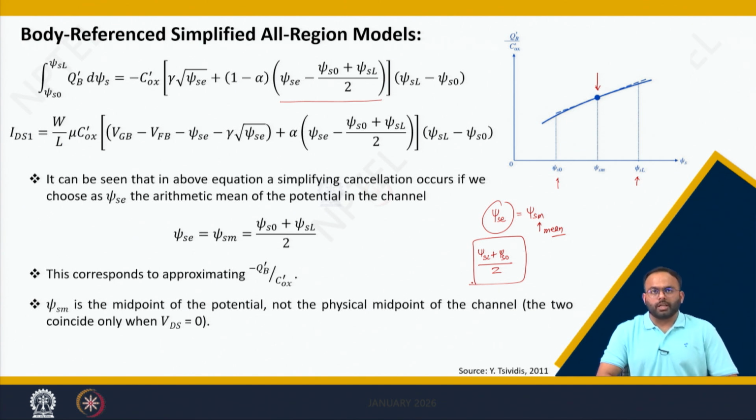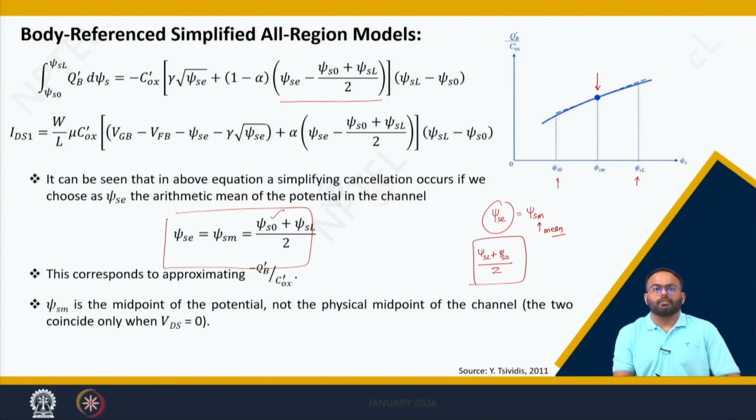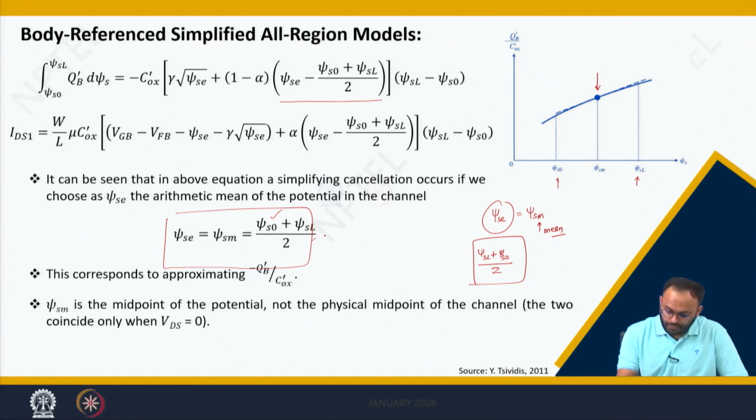Here I am again mentioning that psi se is not the surface potential between the 0 and L or between source and channel. It is an expansion point used for mathematical simplicity. This helps us to linearize the system. So we use psi se is equal to psi sm is equal to psi s naught plus psi sl divided by 2. If we define alpha, then alpha becomes alpha m, which is nothing but 1 plus gamma divided by 2 times psi sm.